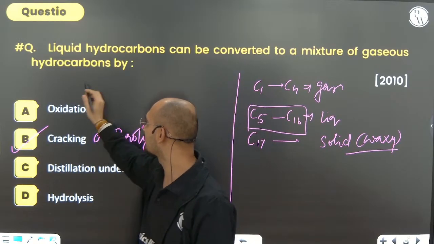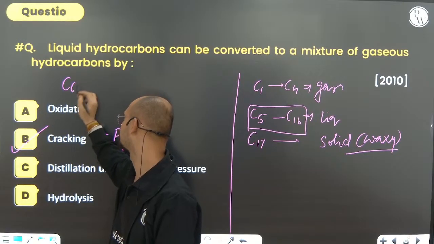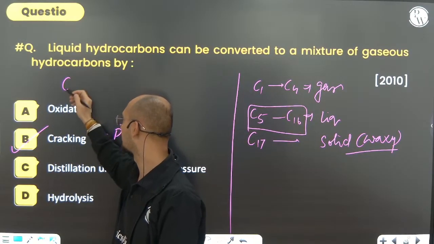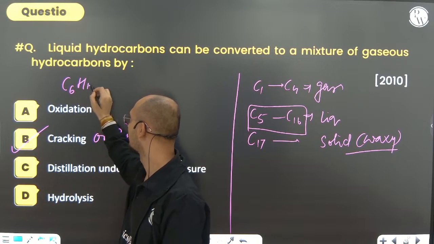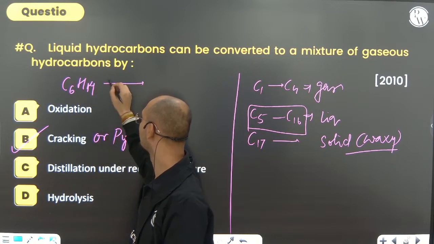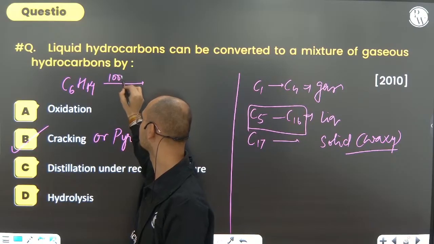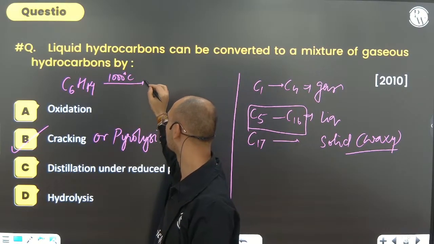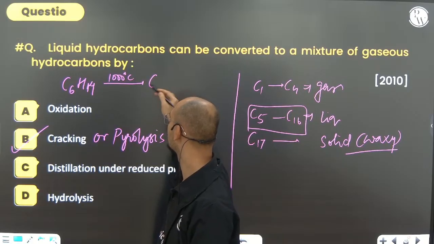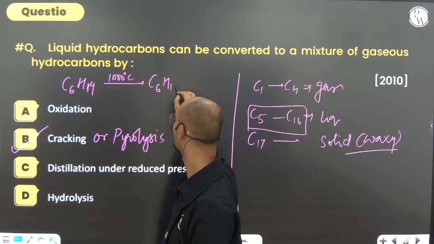Let's say, I can give you an example. You may take C6H14. If you take C6H14 and give 1000 degrees Celsius temperature, this is liquid, but it will convert into many products. What are the products that you will see? You will see C6H12 forming.